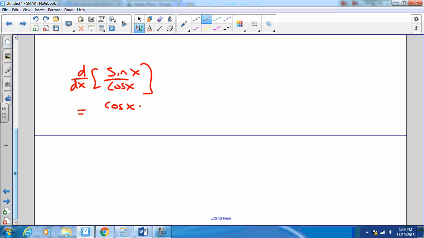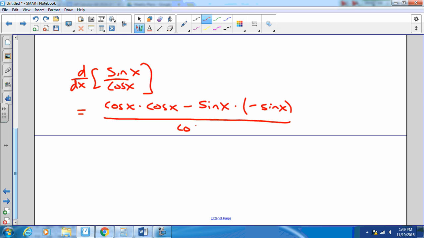Cosine is the derivative of sine x. Which is... squared, yes?